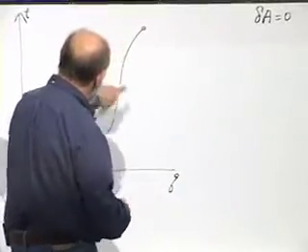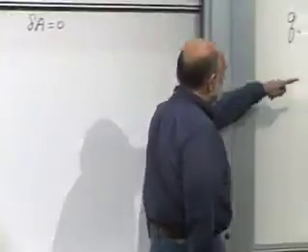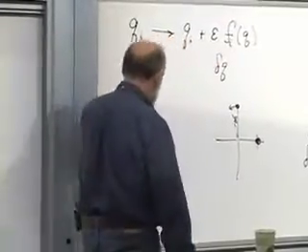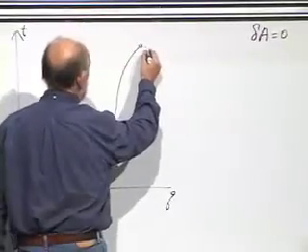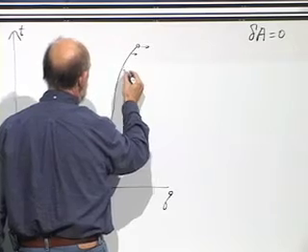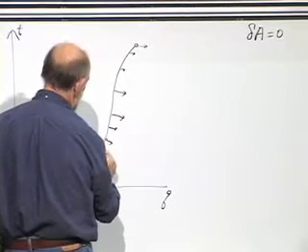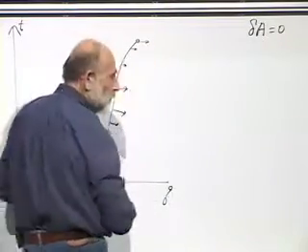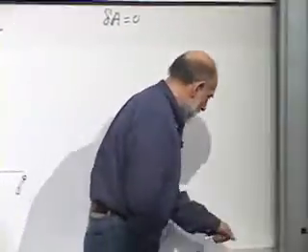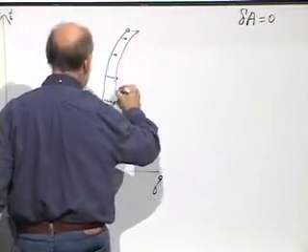Whatever it does, it moves each point along the trajectory by amount epsilon times f of q. All right, so I'll just draw that by drawing a little arrow here, displacing the trajectory depending on where the point is. And so it takes you to some new trajectory. The symmetry operation takes you to a new trajectory.